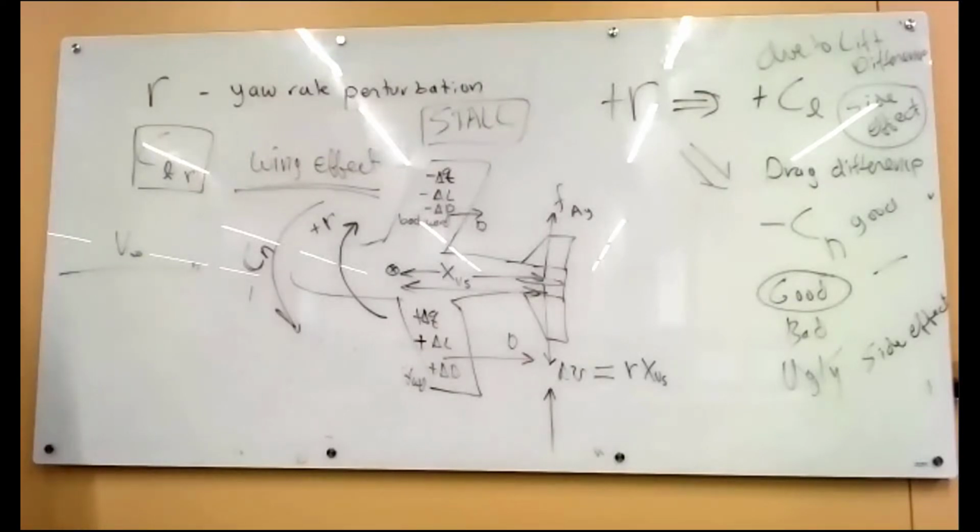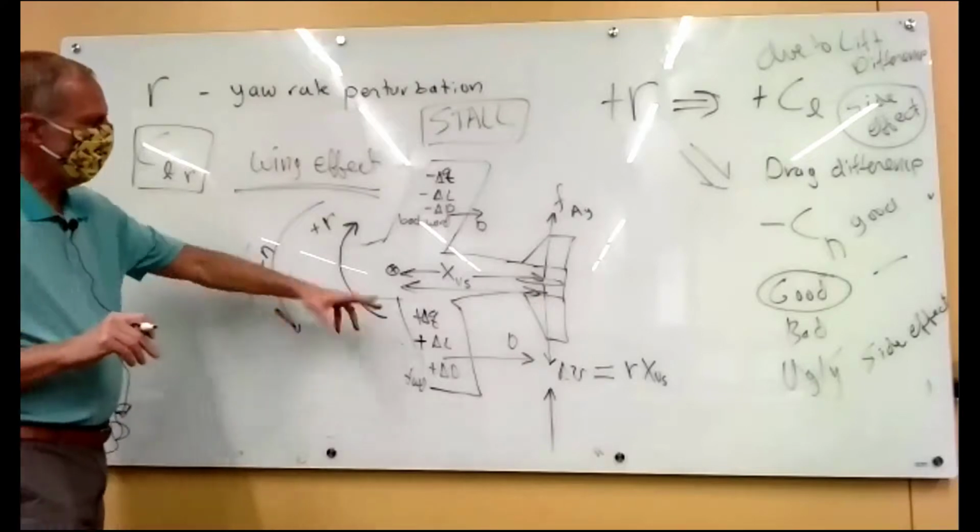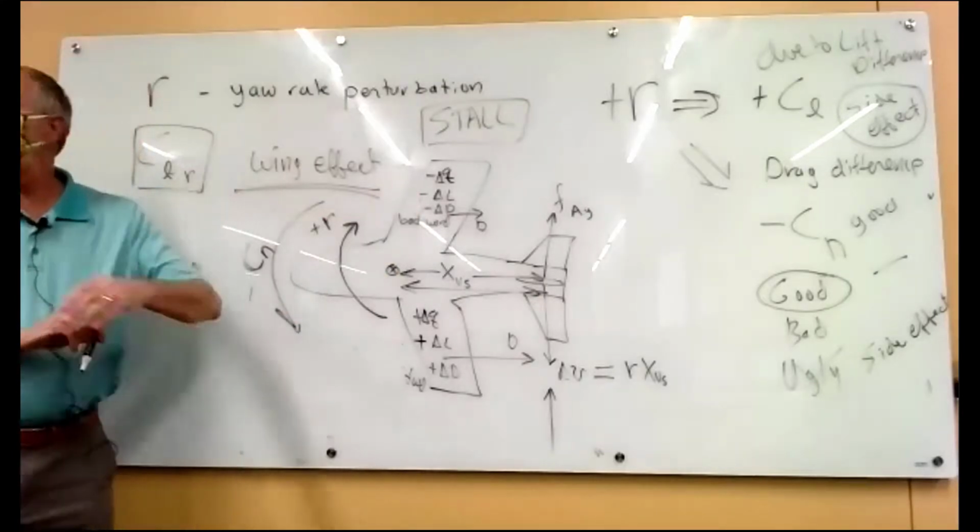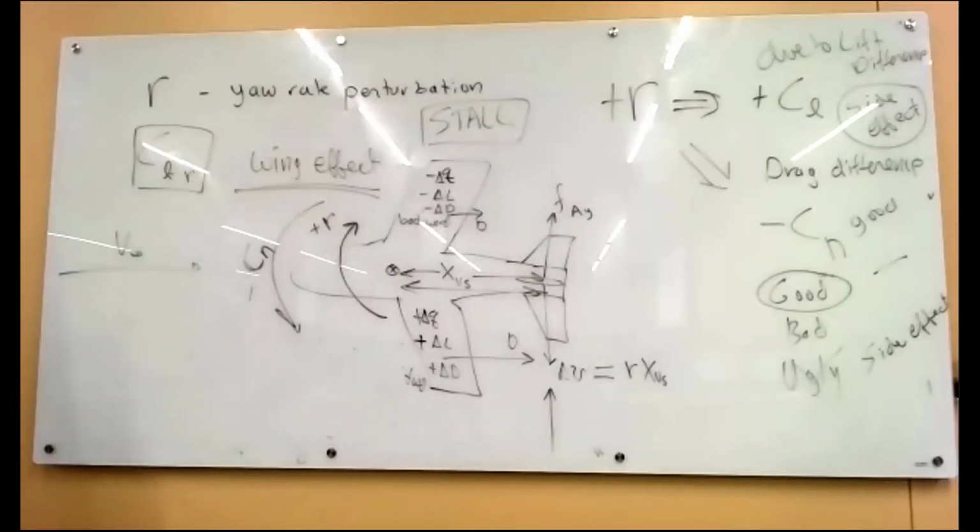This is going to reduce the angle of attack. So it may flip the signs of some of this stuff, and we may get a lack of stability in this way as well. It's less pronounced than what we were looking at before, because with the wings rolling, it's real obvious how this wing could stall more and this wing could unstall. Here, because it's more of a dynamic pressure effect, it's a little less easy to see, but the angle of attack can change on each of these and produce an effect as well.